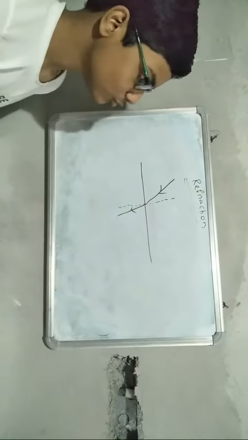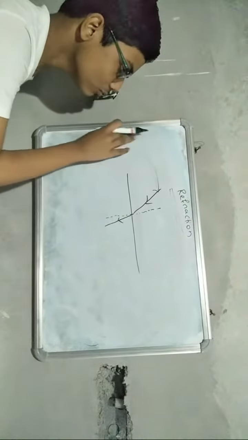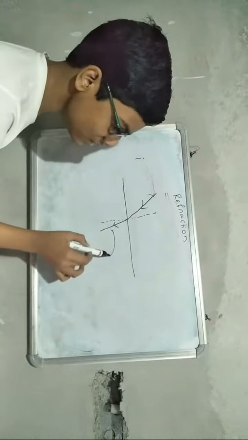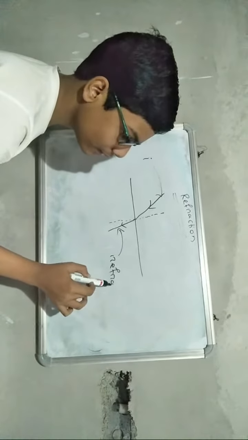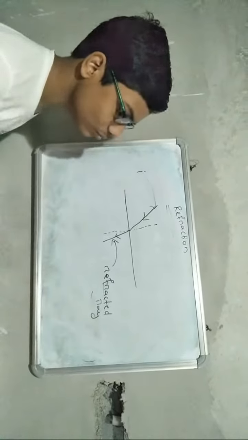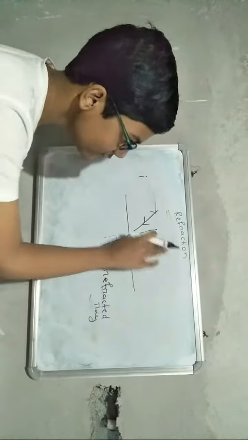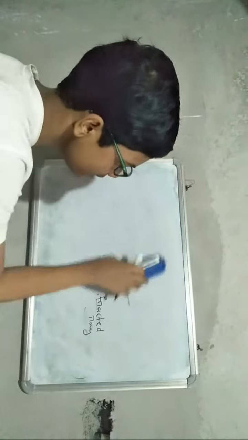Here this is called the incident ray, denoted by the symbol I, and this is called the refracted ray. These do not have any shortcut symbol. So refraction is also completed.